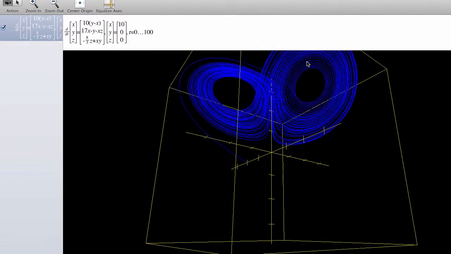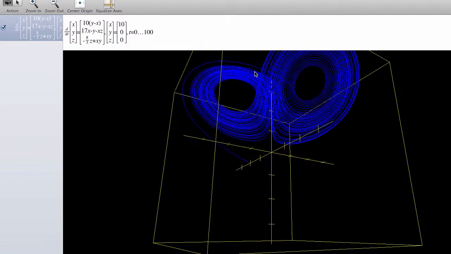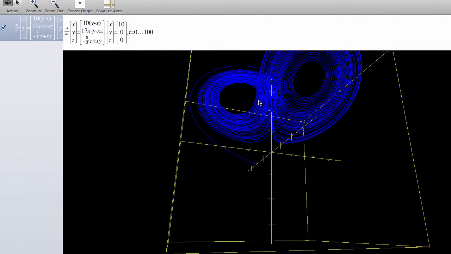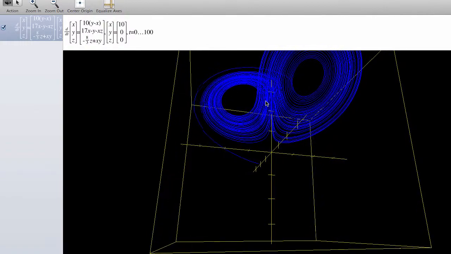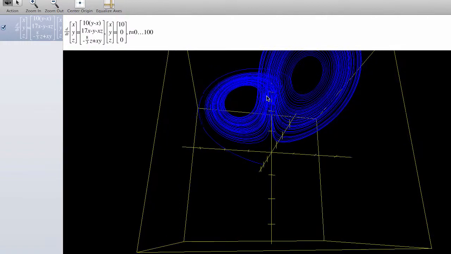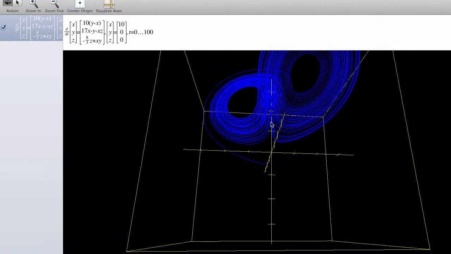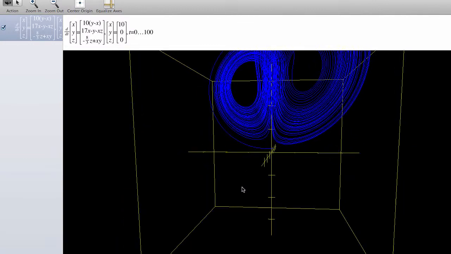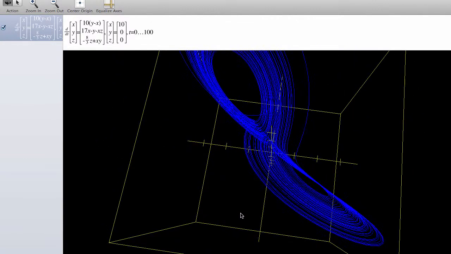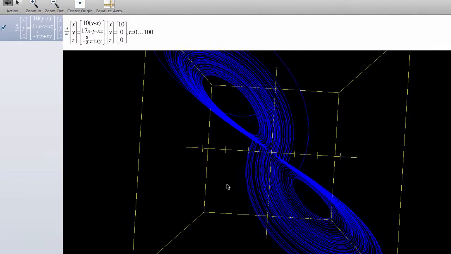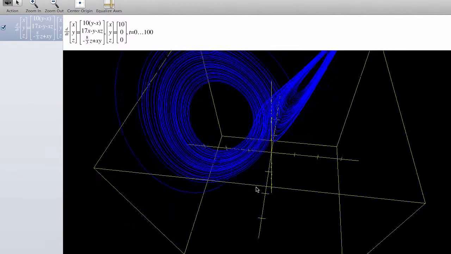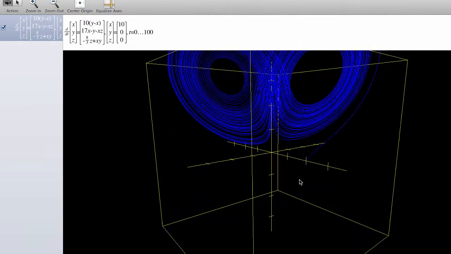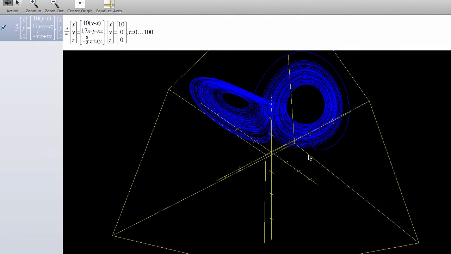This is an object of intense study early in the 1990s. I spent a lot of time studying this object along with a lot of other people in mathematics, and many beautiful theorems were proved about this object. For example, there's a collection of knots called prime knots in mathematics, and they all occur as orbits in this system.